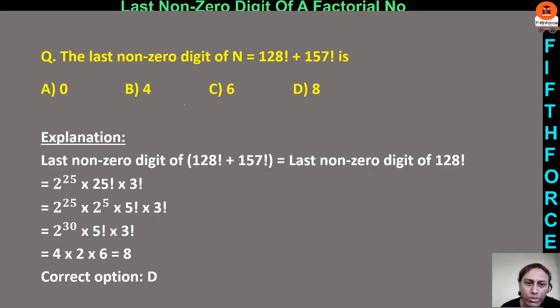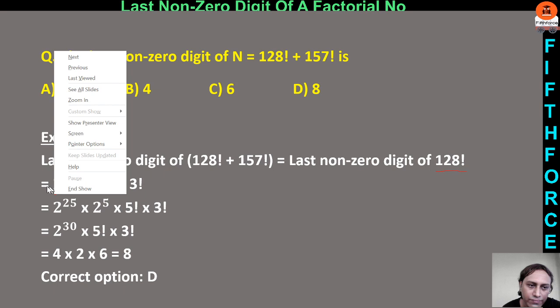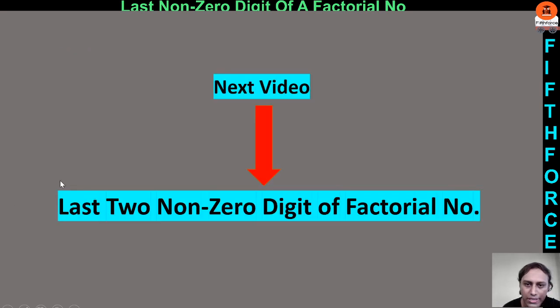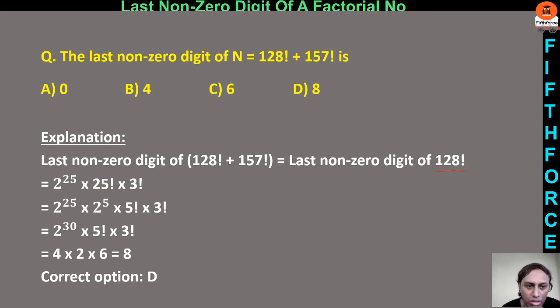So we have to basically find out the rightmost non-zero digit of 128 factorial. 128 divided by 5, quotient is 25. So we write the number as 2 power 25 into 25 factorial into 3 is the remainder, 3 factorial, right?